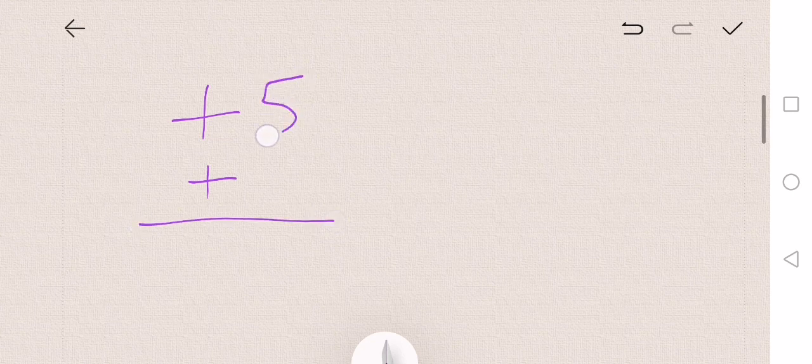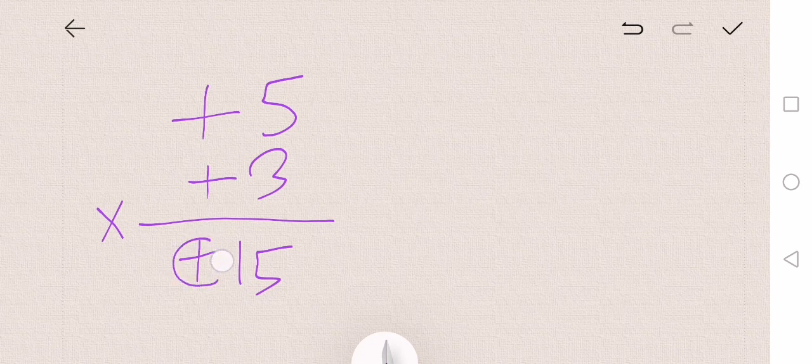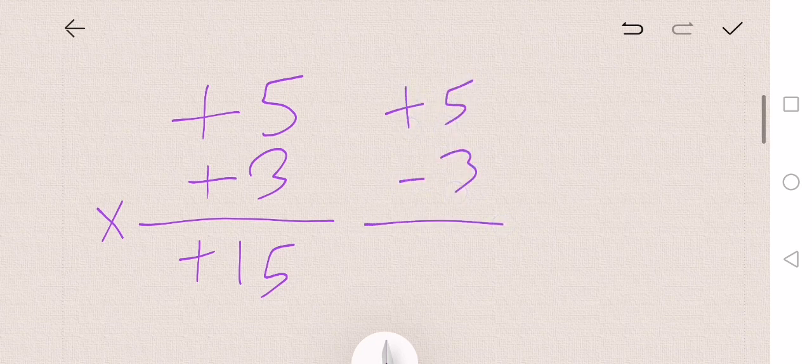So now remember, if plus and plus, both numbers are plus. So for example, let's say 5 and 3, both of them are plus, and you have to do multiply, so it will be plus 15. You don't have to write down plus here, but I'm just giving an idea, okay? So that's 15. If it's plus 5 and minus 3, this will be 15, but over here it will be minus 15.